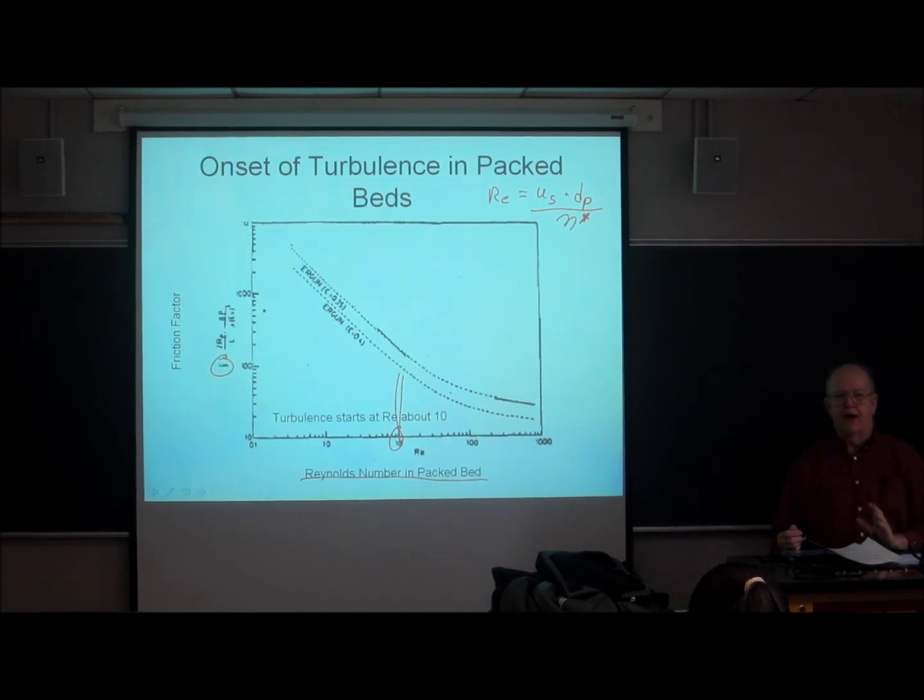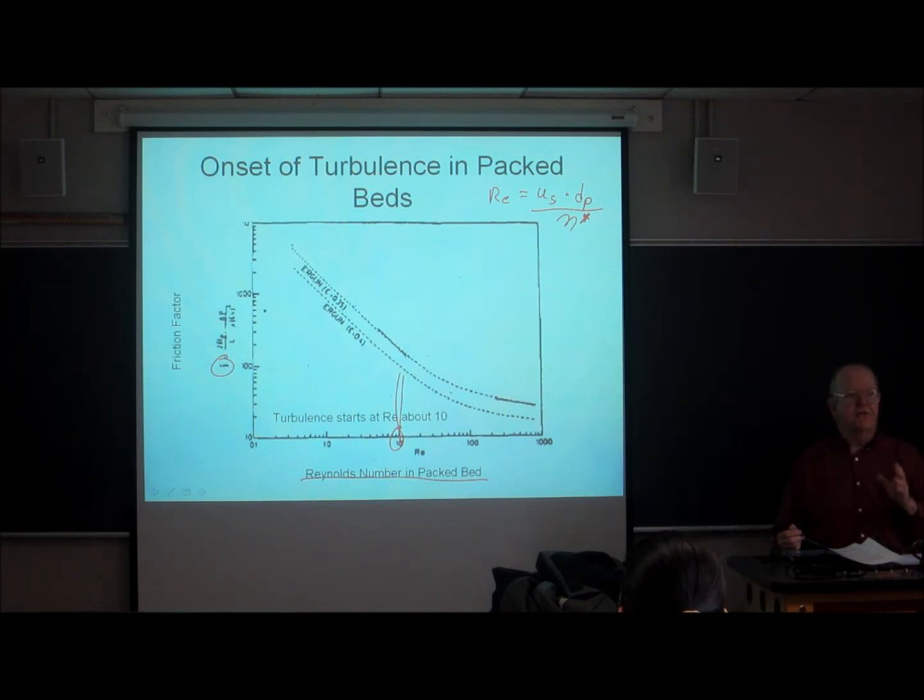Now this might bother you. You think that a lot of LC is done under turbulent flow. It just ain't so. The kinematic viscosities of liquids are really high, number one. Number two, the particles that we use in LC must be rather small particles. I just told you about the use of 1.8 micron particles.